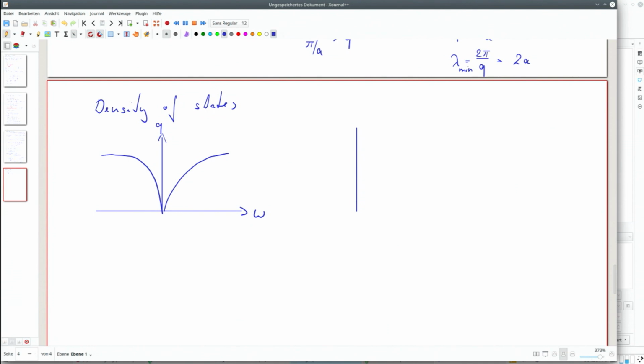Of course, this is Q here. This is omega. This means we just count the density of the points here. You see here in this part, we have a much higher density of the points, if we make discrete points here.